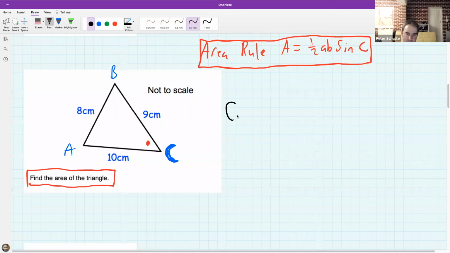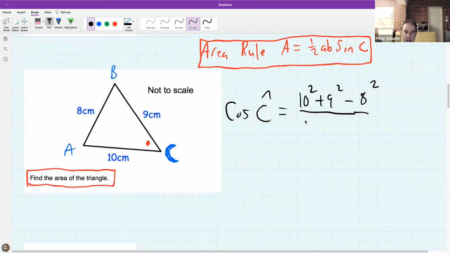So let's use the cos rule because I've got three sides. I'm going to go cos of C, and I know this is minus 8 squared, and then this is going to be 10 squared plus 9 squared, and then this is going to be 2 times 10 times 9.